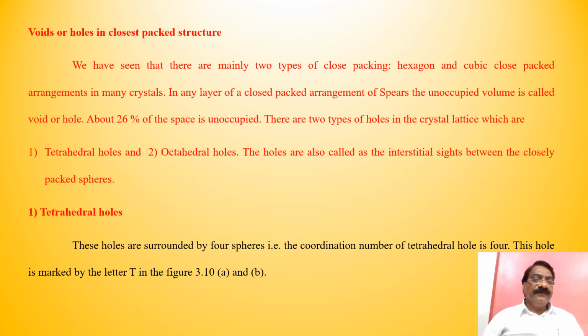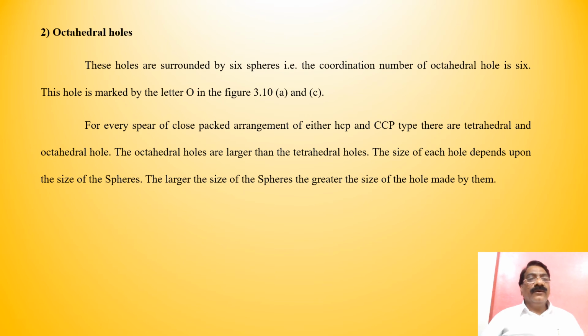So first type, tetrahedral holes or voids. These holes are surrounded by four spheres, that is, the coordination number of a tetrahedral hole is 4. This hole is marked by the capital letter T in the figure. See, there are two figures, first for tetrahedral and second for octahedral.